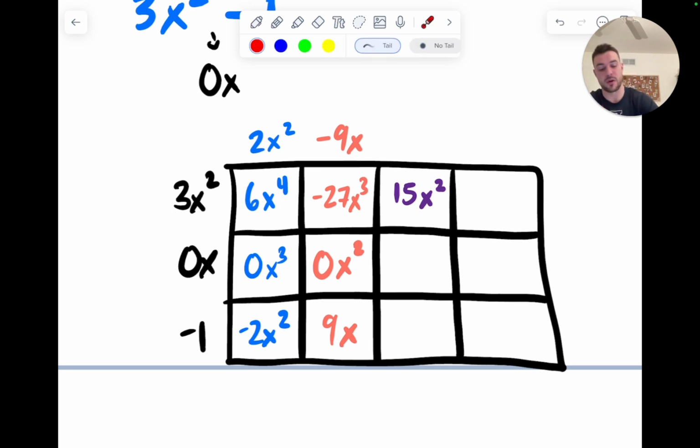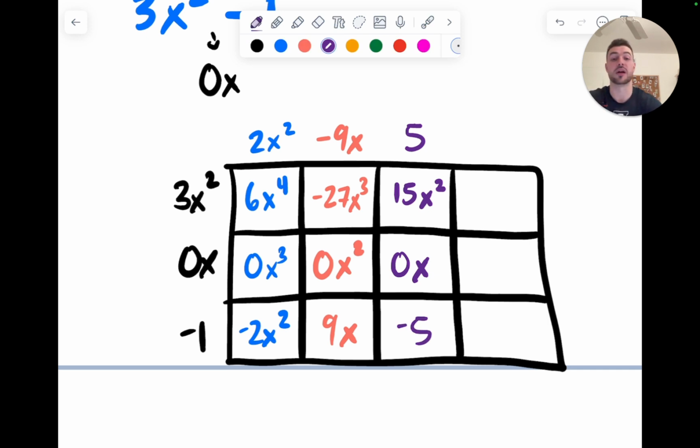Well, if the area of this box is 15x squared and it has a side length of 3x squared, then I am going to have a 5 up at the top because 5 times positive 3x squared is 15x squared. So filling going down, 5 and 0x gives me a 0x. 5 and -1 is going to give me a -5. And we are done with another column.